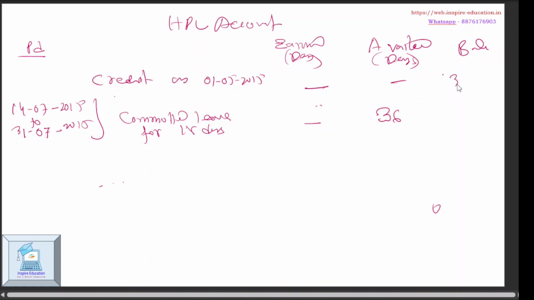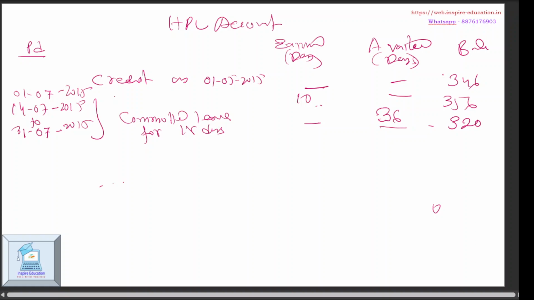So balance we have not written, 346 days. Okay, I'm sorry, after 1/5/2015 we have to give credit on 1/7/2015 also. So on 1/7/2015 10 days will be credited, it will be 356 days. Then on 14/7 there will be 18 days commuted leave, it will be treated as 36 days HPL. So 356 minus 36, it will reduce to 320 days.